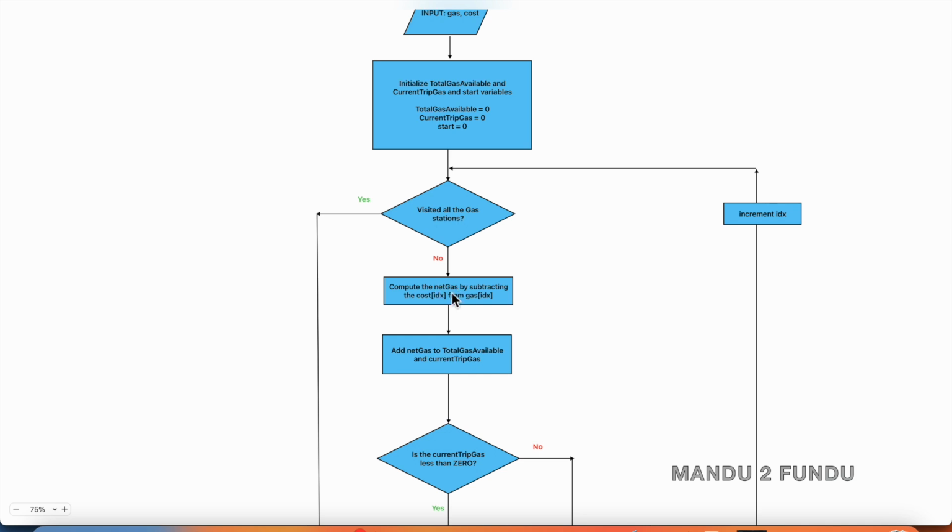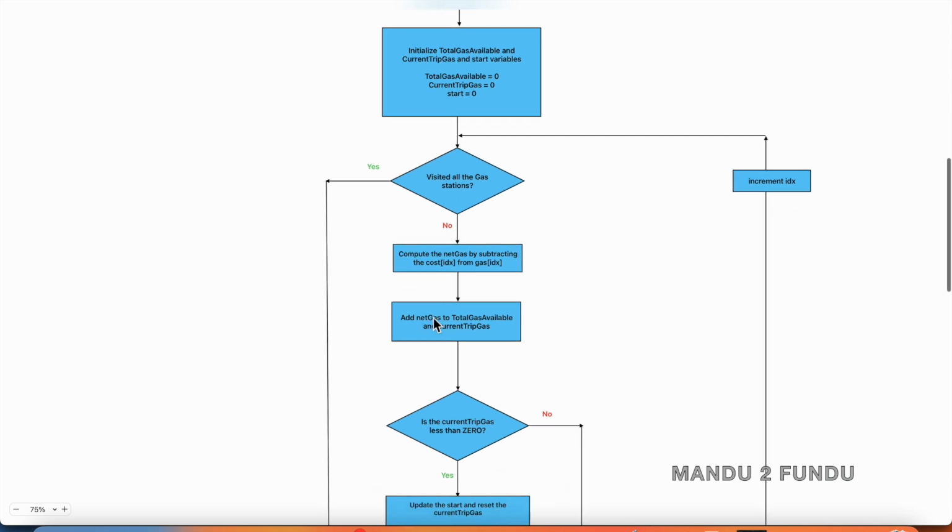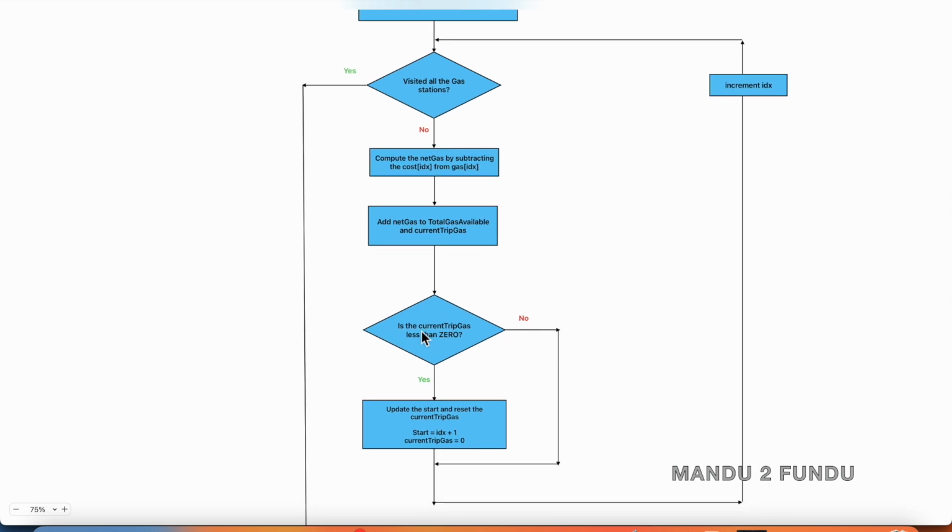and compute the net gas in that station, and we add that net gas value to both the total gas available as well as the current trip gas variable, and we check whether the current trip gas variable is less than 0. That means the amount of gas available so far is less than the cost of moving to the next station.